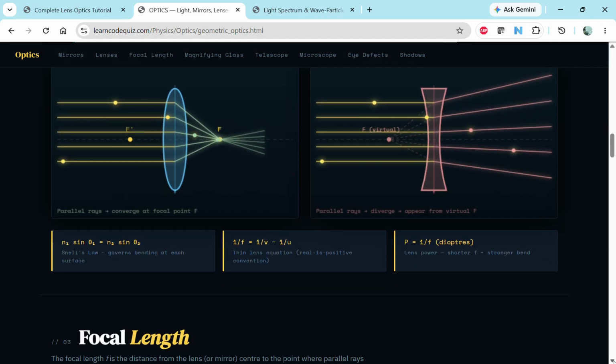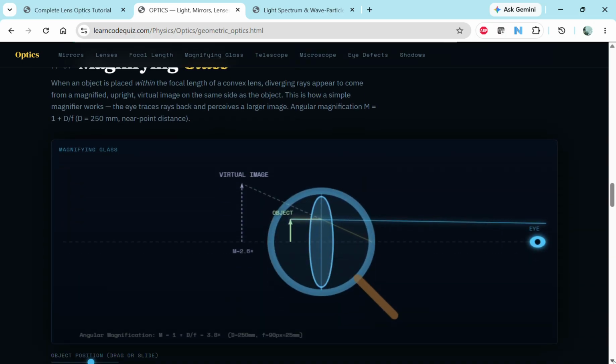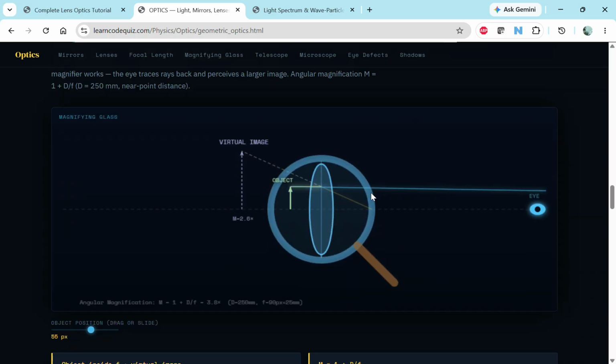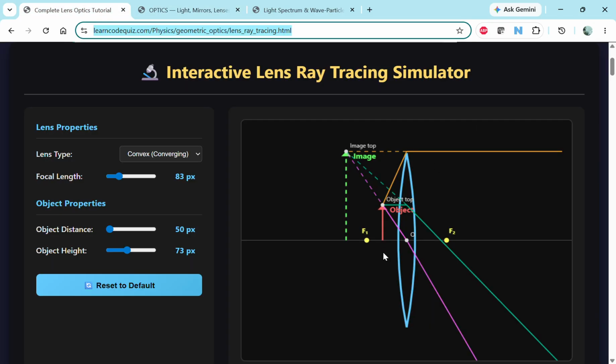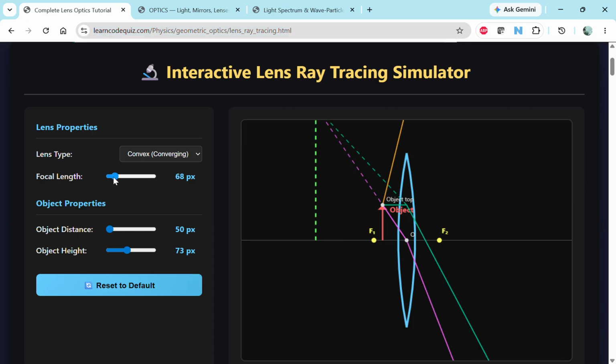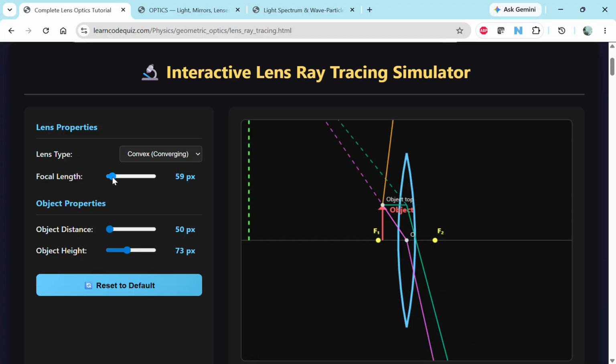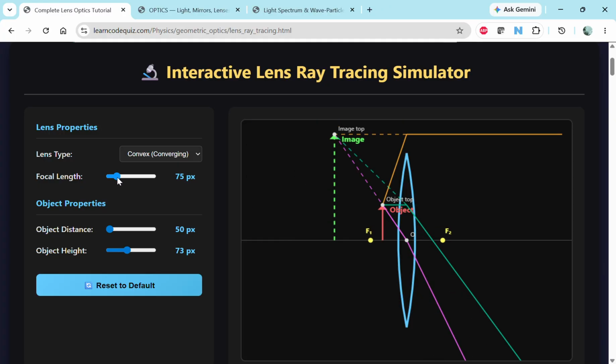Now, an interesting question that we had asked before: how does a magnifying glass work? I'll show you something very interesting. So this is a magnifying glass, right? If the object is outside the focal length, then what happens?